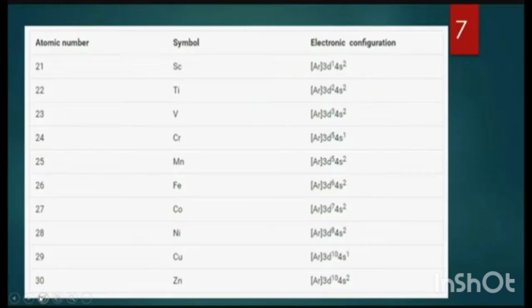Here in these elements the 3d orbital is progressively filled. That is why this first transition series is also called the 3d transition series, because the 3d orbital is progressively filled.